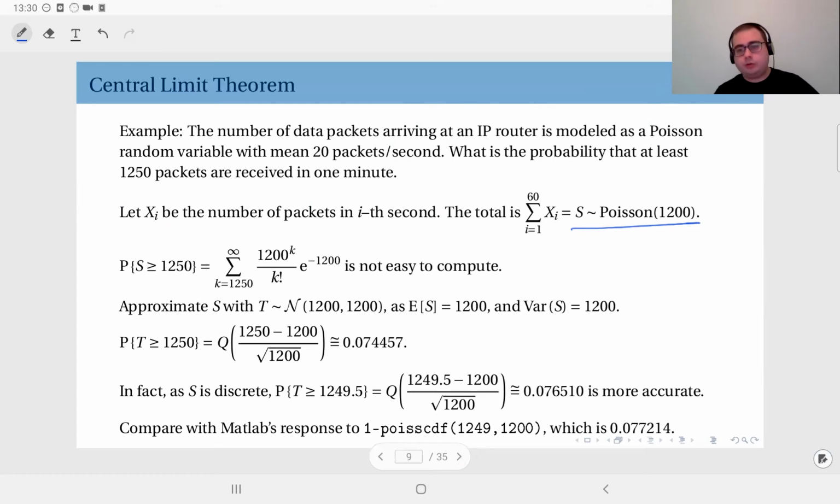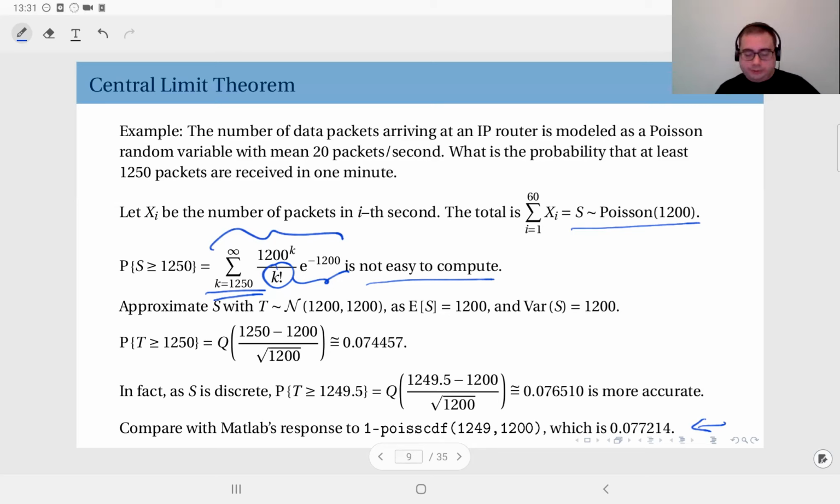One thing you can do is use the Poisson random variable, but numerically speaking, computation of such probabilities is not easy because you have, for instance, 1200 to the power k, which is quite a large number, especially for k values greater than 1250. On the other hand, you also have e to the power minus 1200, which is extremely small. So you are multiplying a very large number with a very small number, which is always problematic. On top of that, you also have factorials. MATLAB has a built-in function, but still, it's tedious.